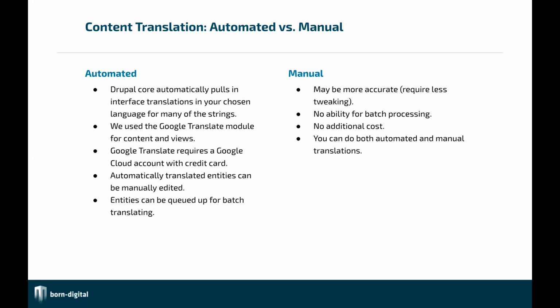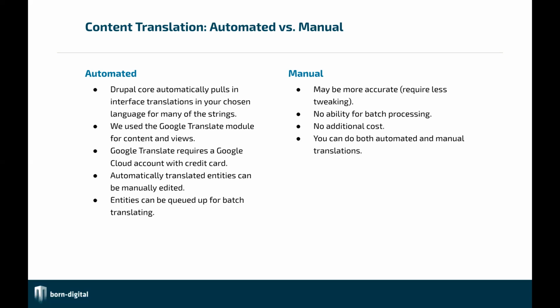The automatically translated entities can be manually edited later to fix things that Google didn't do correctly. One nice thing about it too is that you can queue up a bunch of things to batch translate in your cart. And I'll show you an example of that in the next slide.